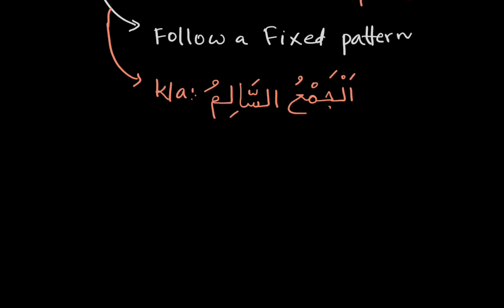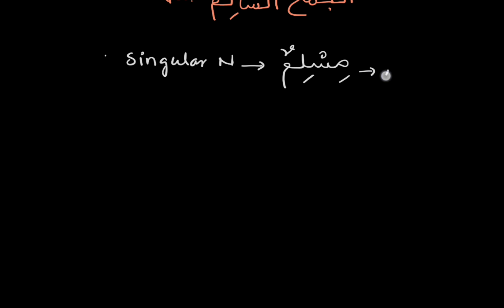Now let us see some examples of the plurals. First, how to transform a singular noun into a plural noun. So first, we need to write the singular noun. For example, if you take Muslimun, meaning a Muslim. So it is mufrad, it is singular.